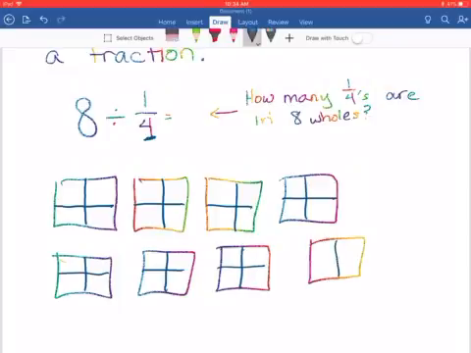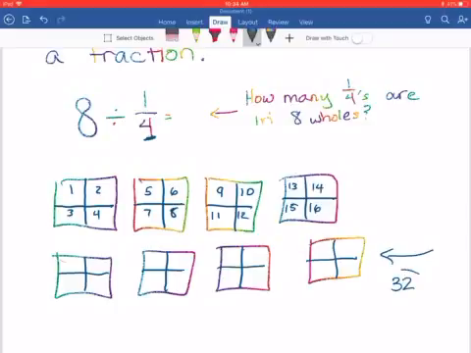And then I need to count how many quarters are in 1. So 1, 2, 3, 4, 5, 6, 7, 8, 9, 10, 11, 12, 13, 14, 15, 16. And by now you probably realize that I'm going to do the exact same thing down here, and that will total 16. So that means there are a total of 32 quarter pieces in 8 wholes.